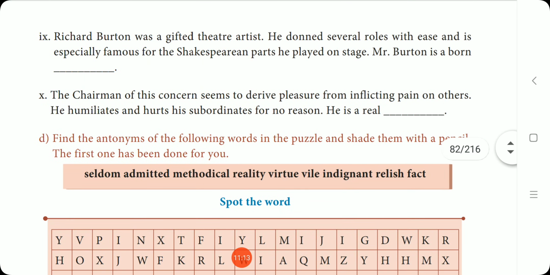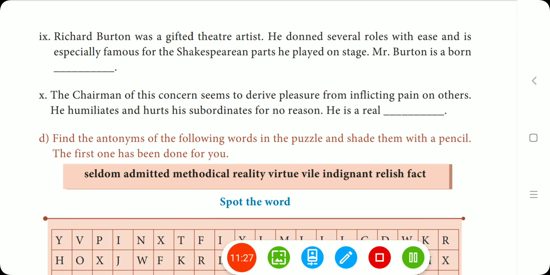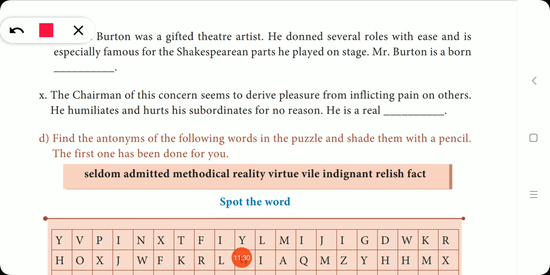Next one, Richard Burton was a gifted theatre artist. He donned several roles with ease and is especially famous for the Shakespearean parts he played on stage. Mr. Burton is a born Thespian. We call them Thespians.